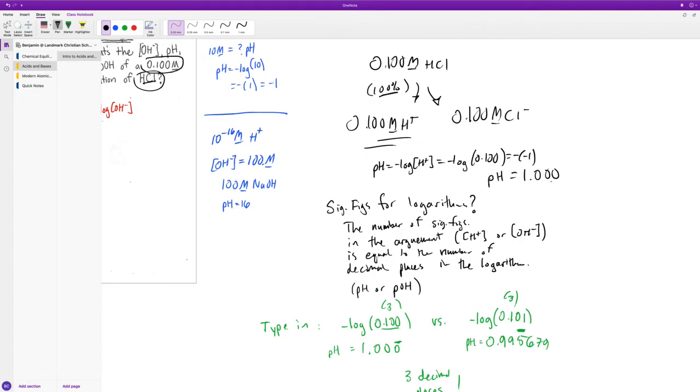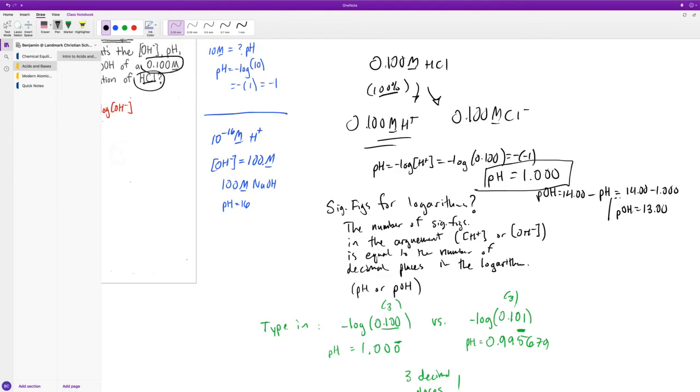And how could we find pOH? pOH would be 14 minus pH. So the pOH, 14 minus pH, so 14 minus 1.00. And so pOH is 13. They should add up to 14.